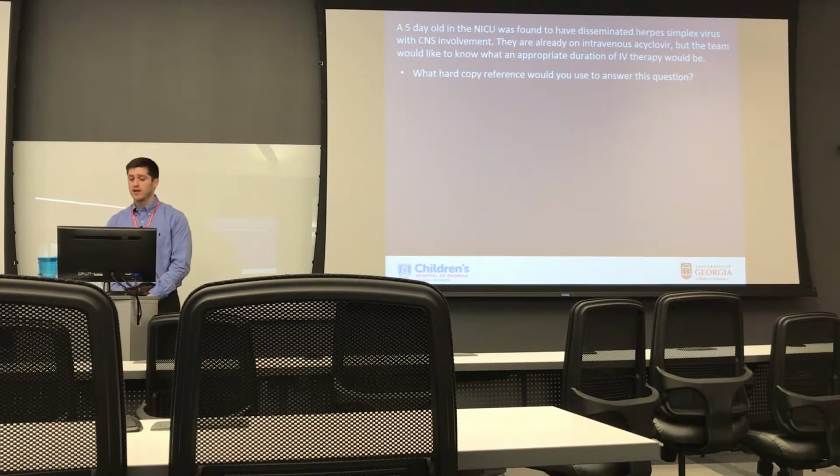All right. A 5-day-old in the NICU was found to have disseminated herpes simplex virus with central nervous system involvement. They are already on intravenous acyclovir, but the team would like to know what an appropriate duration of IV therapy would be. What hard copy reference would you use to help answer this question?